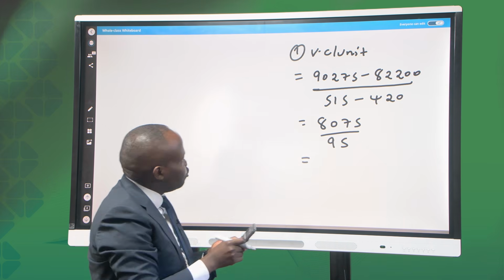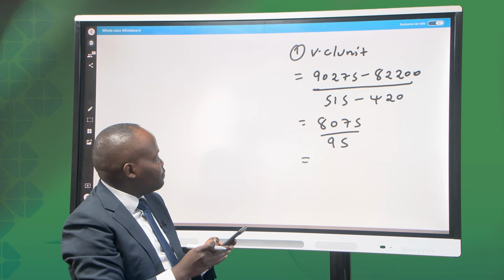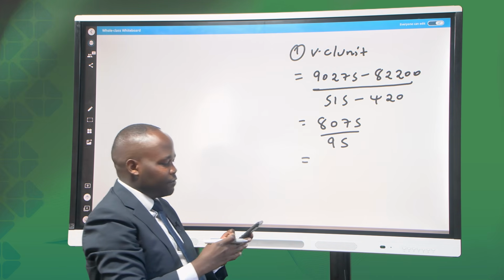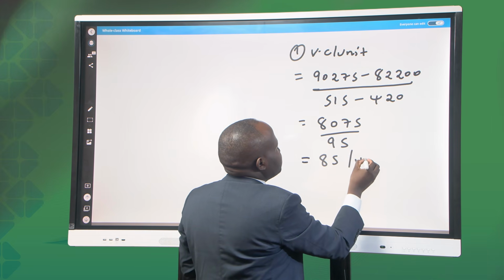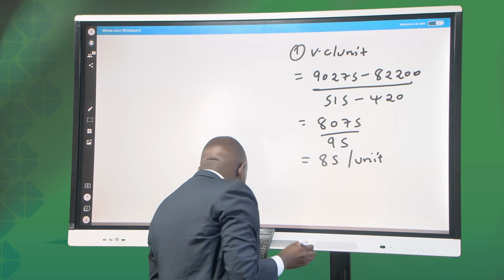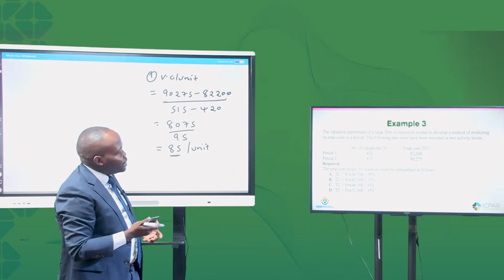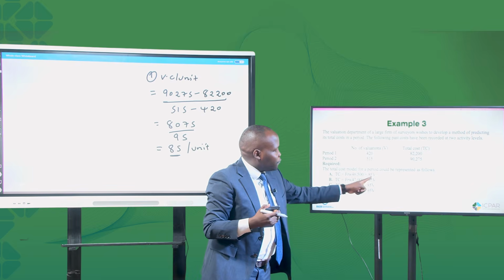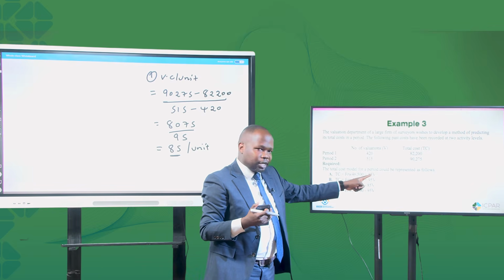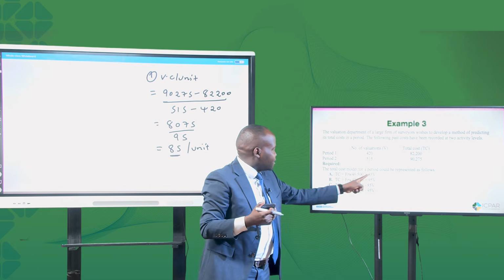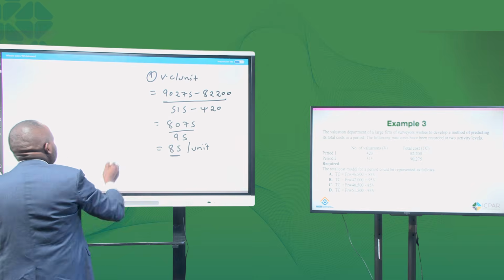So what is our variable cost per unit? 8075 divided by 95, it gives us 85 per unit. So that is our variable cost. So you check on the answers. We can even use elimination method. Where there is no 85, you eliminate it. So here there is 95, 95, yet we expected 85. So we will go for answer is either A or C. But let's continue.